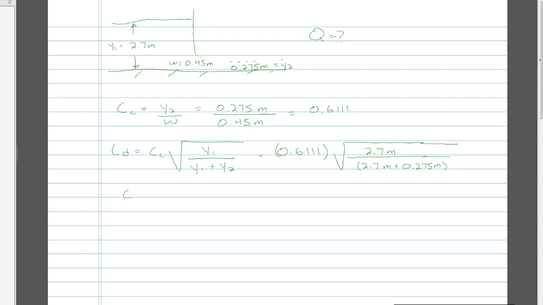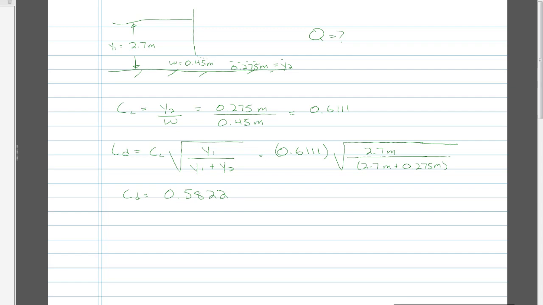Okay, so the coefficient of discharge is 0.5822.